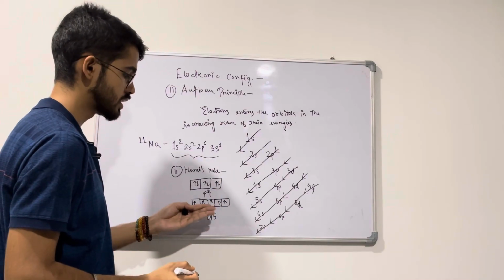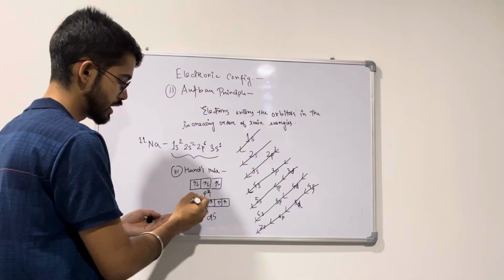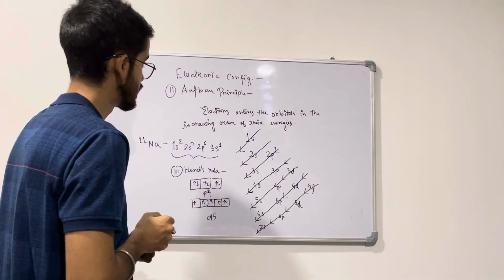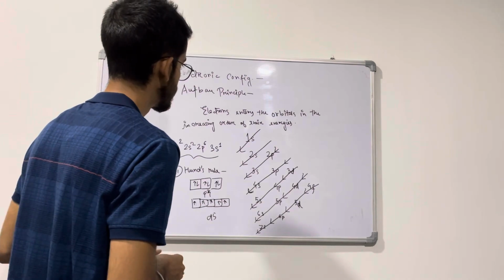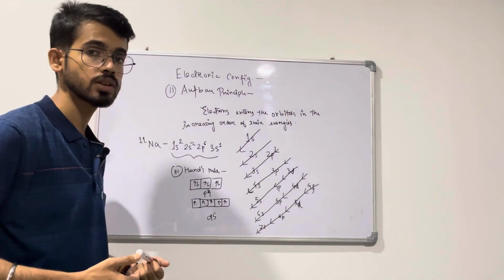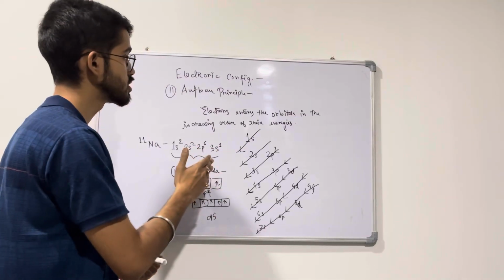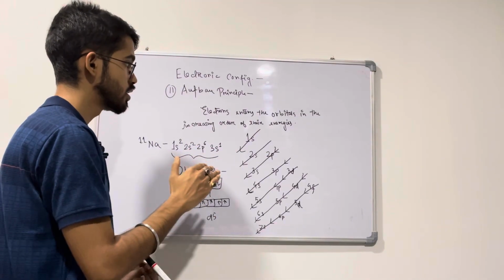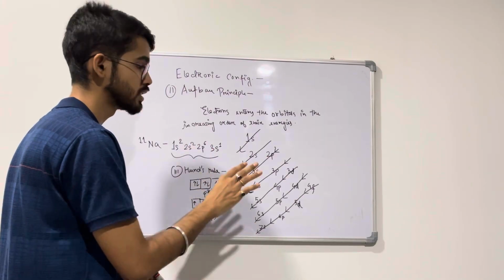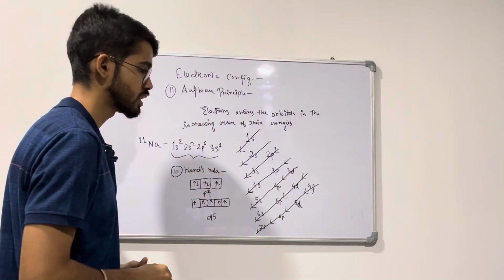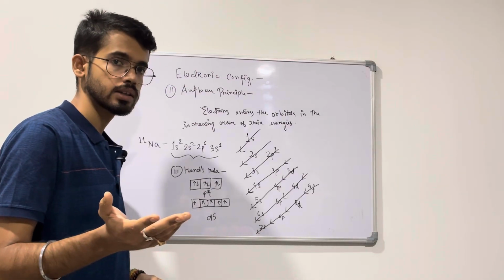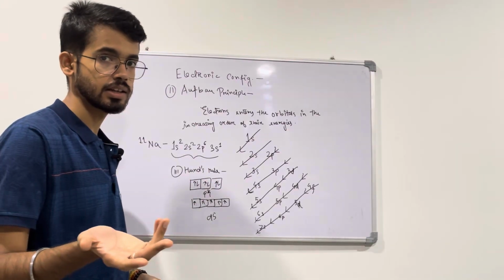And after this, if d6, d7 comes, then fill again and pair these orbitals. So these are the rules or principles you have to remember before writing any electronic configuration. If these three principles are thoroughly clear to you, then you can write any type of electronic configuration up to say 118 elements.